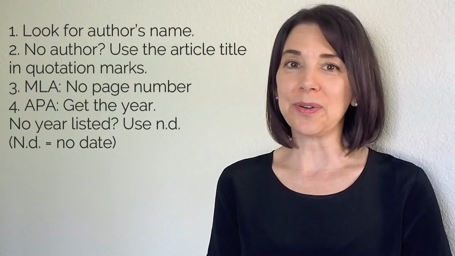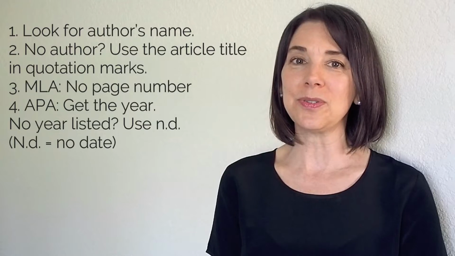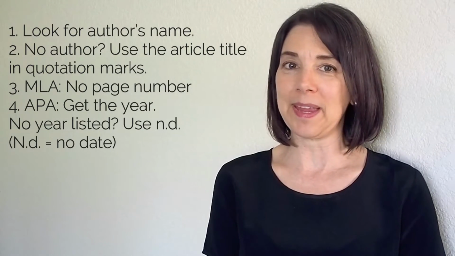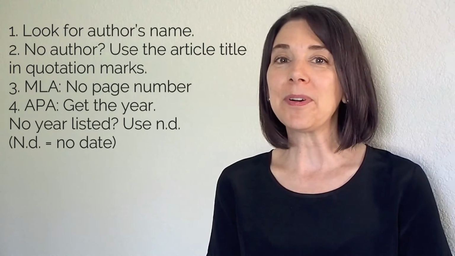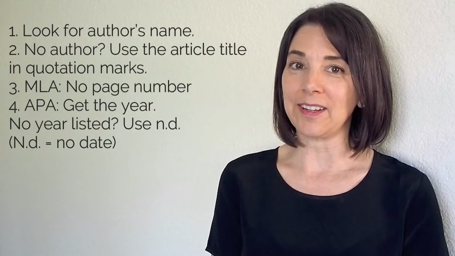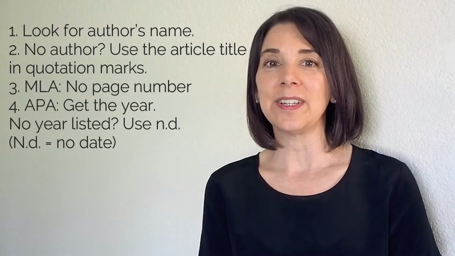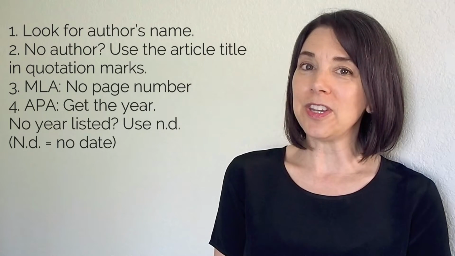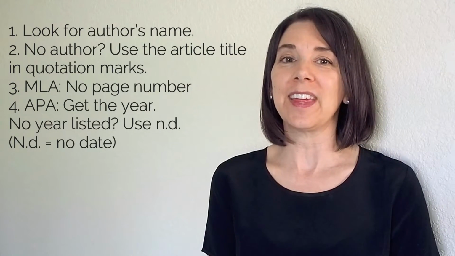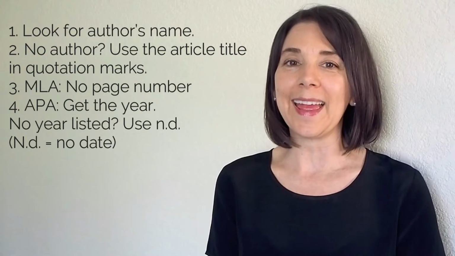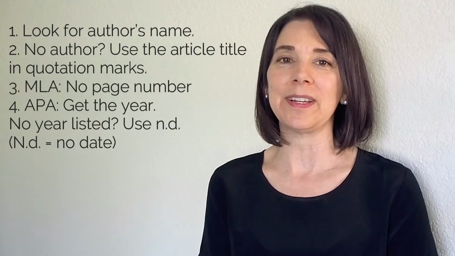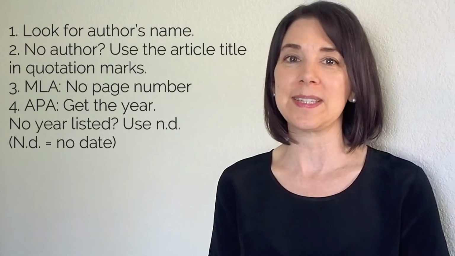Articles on the internet don't have page numbers like books do, so you're not going to use a page number. Remember that if you're using APA style, you need to include the year. And if there's no year listed on your article, then you're going to use the abbreviation N.D., which stands for no date. So let's look at an example.